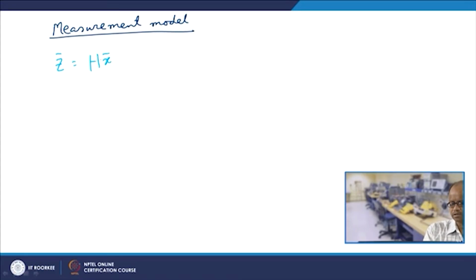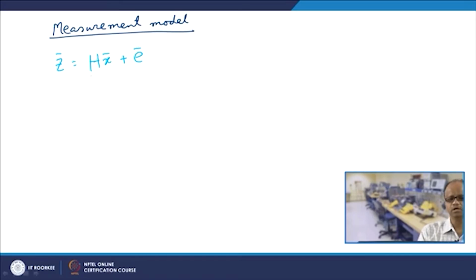So, as we said, we express the unknown quantities. Our measurement model, as we have seen, is Z is equal to Hx plus e.